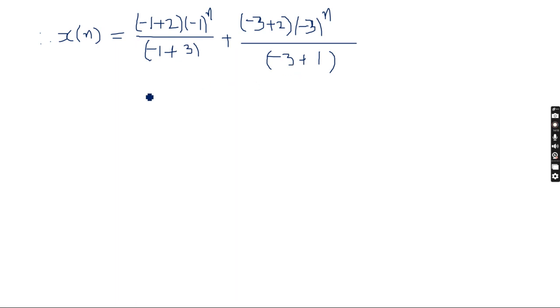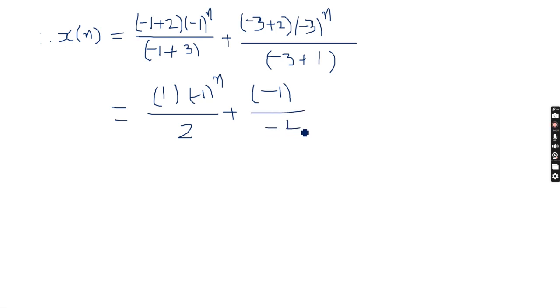Then what is the value? Minus 1 plus 2 is 1, into minus 1 whole to the power of n, by minus 1 plus 3, which is 2, plus here, minus 1 by minus 2, into minus 3 whole to the power of n.